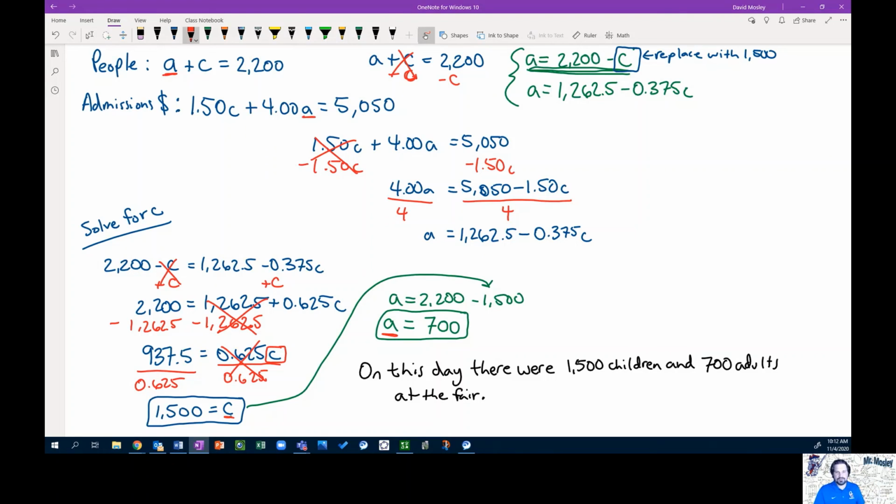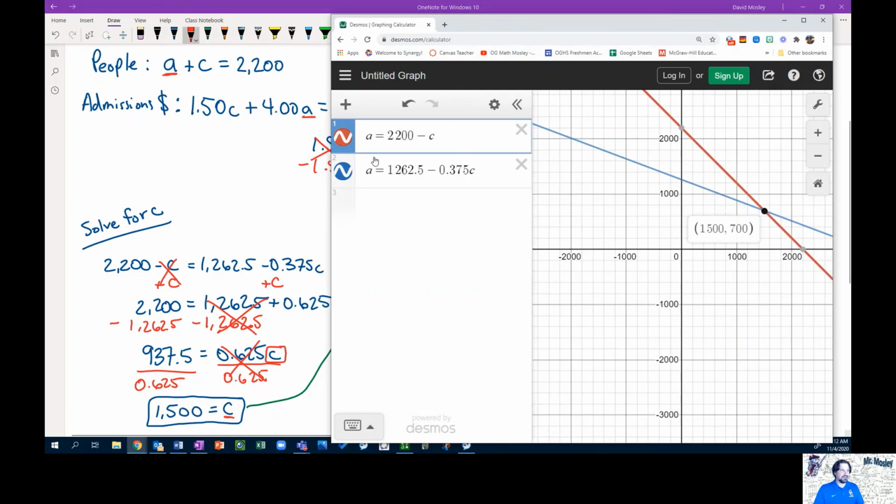Now the other option here is we can look at the graph and find the intersection of the two lines. This would be a little challenging to graph by hand because of the size of the numbers, so we're going to look at Desmos. I've already got our two equations in: A equals 2,200 minus C, and A equals 1,262.5 minus 0.375 C. We see the intersection right here at 1,500 comma 700.